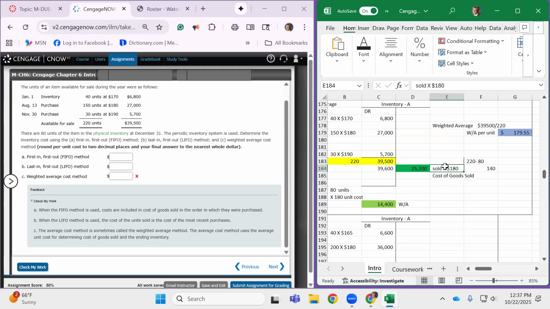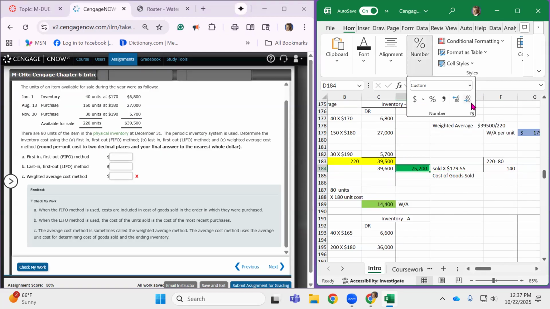Wow. 179.55. I didn't know they got that technical. Let's try taking these to greater decimals here. Let's go this way for the decimals, and we have to make sure to use 179.55.